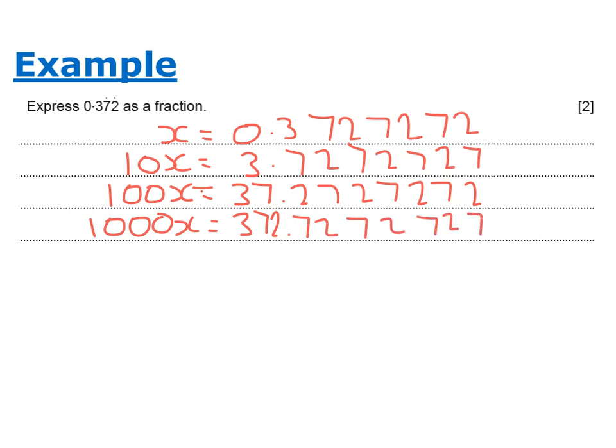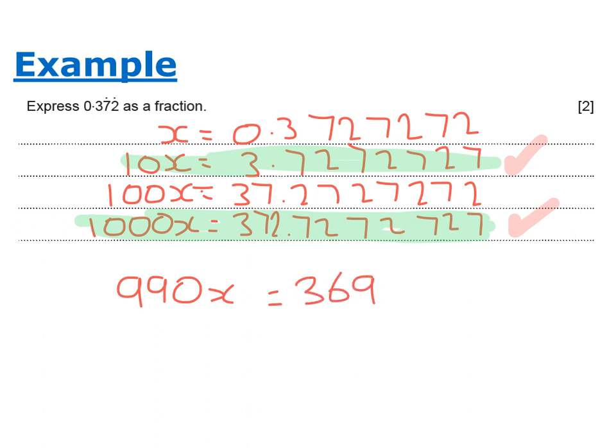372.727272. So the two that match, I've got 10x and I've got 1000x, as they both end 0.727272. So I subtract 1000x, take away 10x, is 990x, and 372 take away 3 gives me 369.